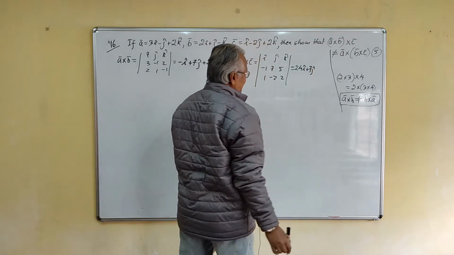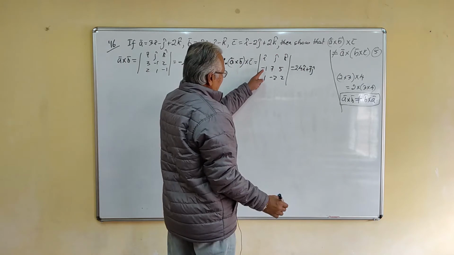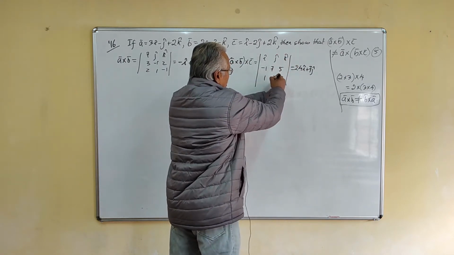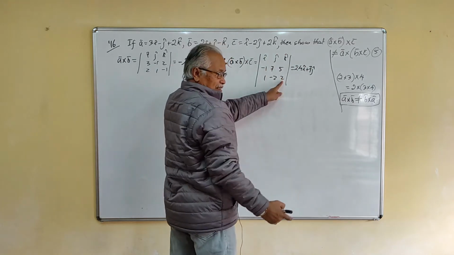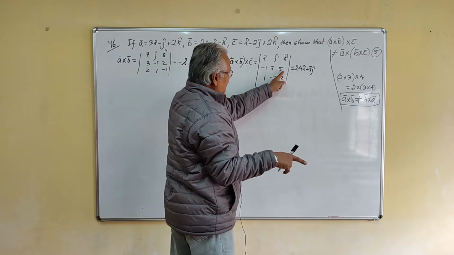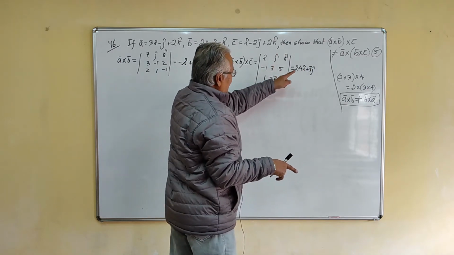Check once again. Because you delete the row and column containing j, minus 2 minus 5 gives you minus 7. So minus of minus 7 will be plus 7.